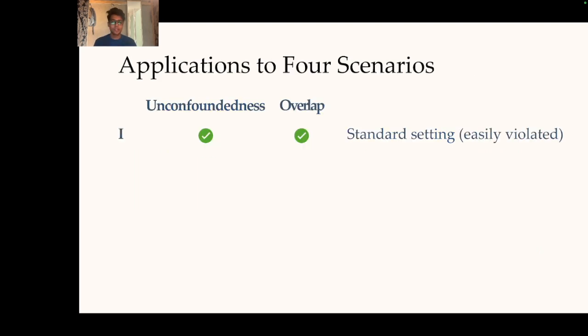Okay, so let's now go into some applications of our main result to scenarios. The first scenario is the standard one, where both overlap and unconfoundedness are satisfied and where average treatment effects are known to be identifiable. Here our results present an alternative proof for the identifiability of it.